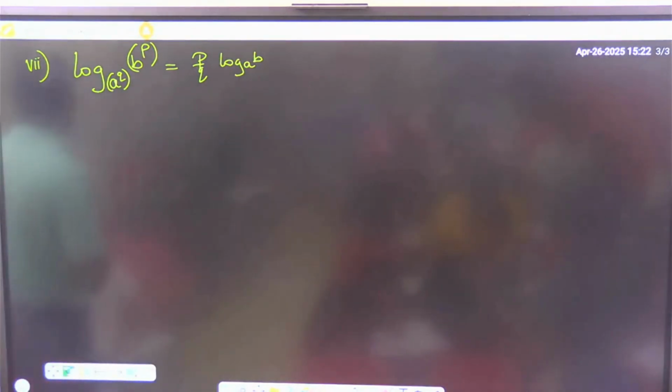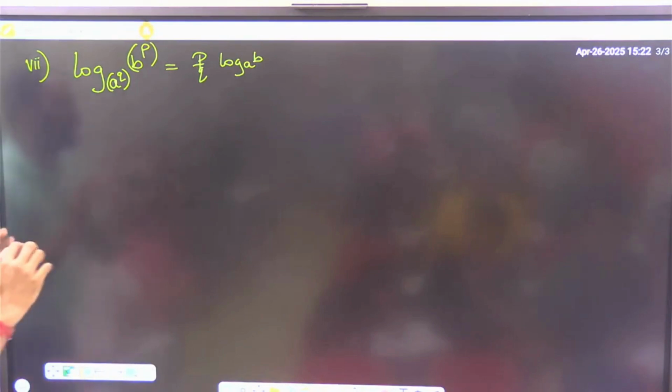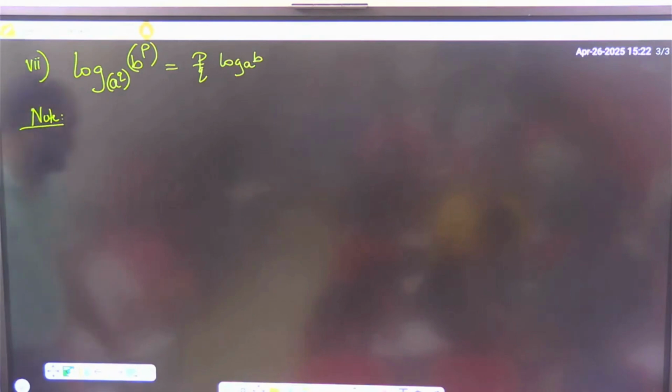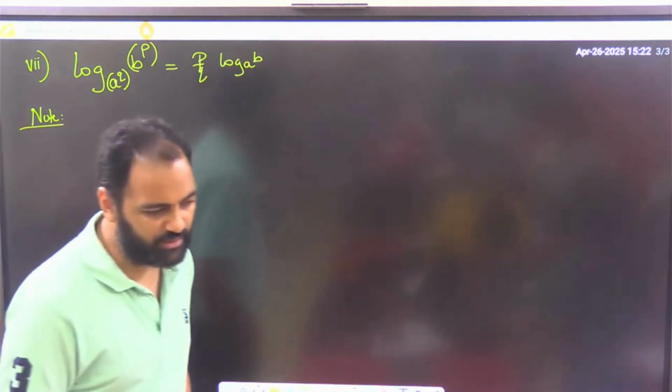Is it okay with this? And now this property will give rise to an important application.